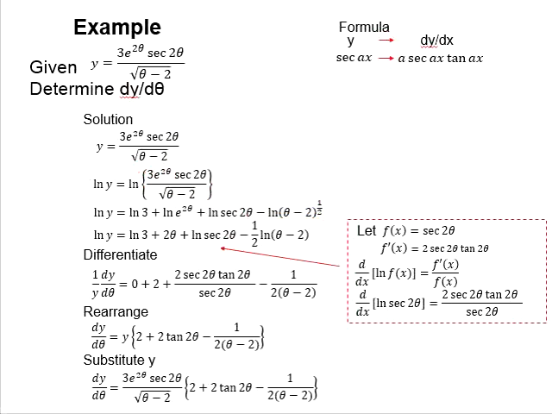For the multiplication conditions, there are 3 terms here, 3 e power of 2 theta and secant 2 theta. Bring forward the powers here to the front, and log e is actually equal to 1. That gives you these equations.